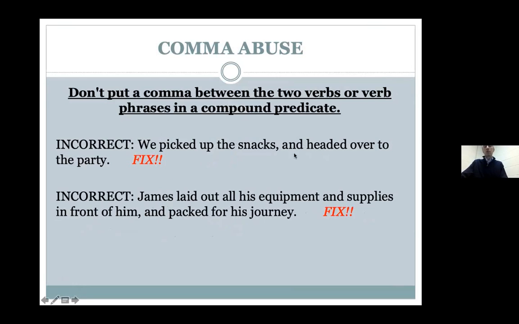Sometimes, and this is just a little thing to remind yourself of, sometimes students learn that rule of linking, where we have two independent clauses combined with a comma and a coordinating conjunction, and then people might think, oh, well, if I see a coordinating conjunction, I should put a comma in front of it, and that's not necessarily the case, because coordinating conjunctions do a lot of work besides linking clauses.